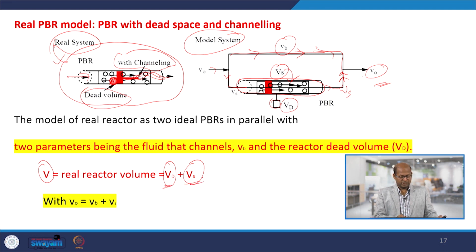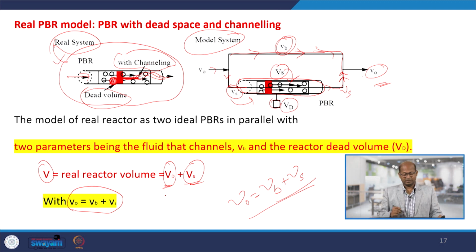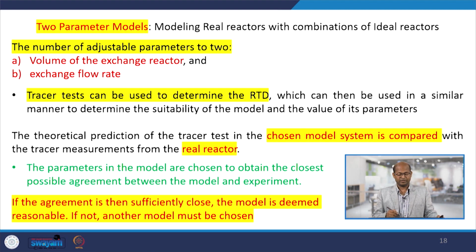This is the way we are considering it, and the volumetric flow rate, as I said, is divided into vs and vb. So, small v naught equals the bypass volumetric flow rate plus the system volumetric flow rate, since that part goes through the system. This way you are dividing, and these are the things you have to find out. Okay.